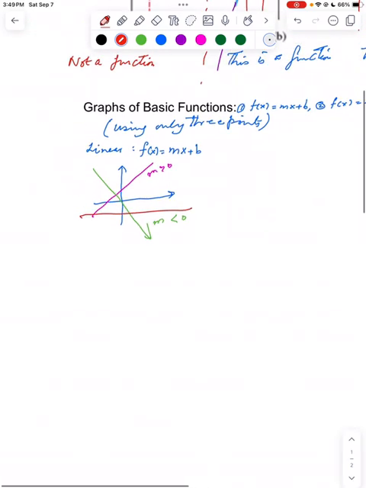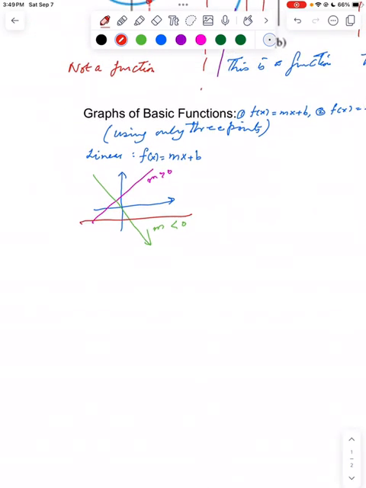This will happen when m is equal to 0. Okay, that's the linear function.